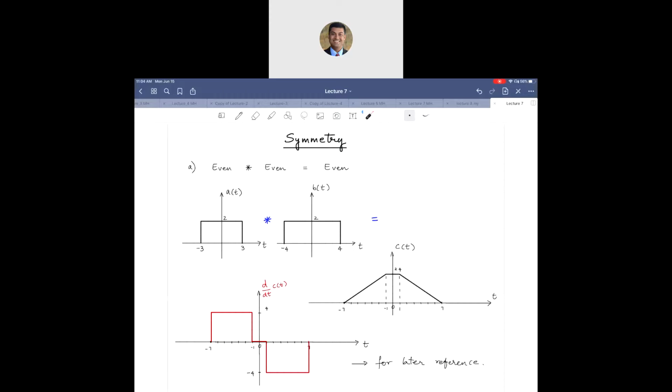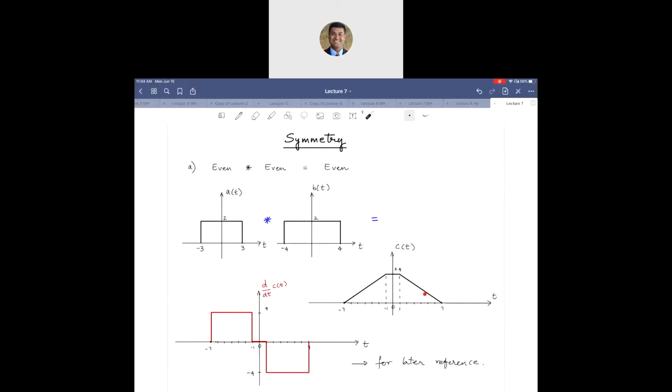And the reason why you can do that very quickly is because a rectangle convolved with a rectangle will always result in a linearly increasing function or a linearly decreasing function, or it might be a constant when one rectangle is completely inside the other. So it will either be a trapezoid or it will be a triangle.